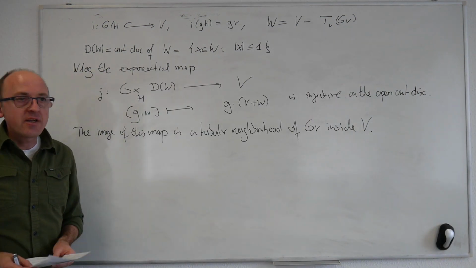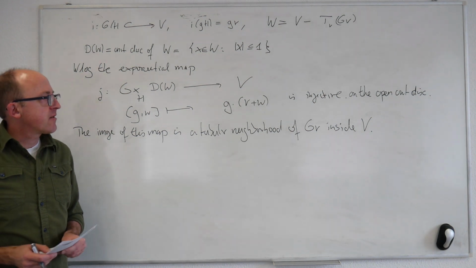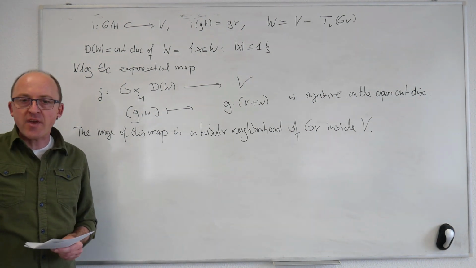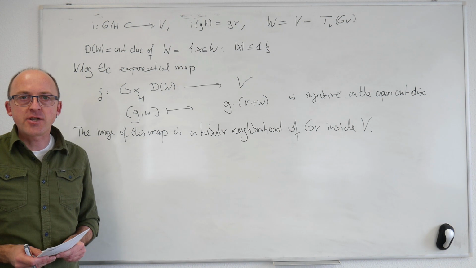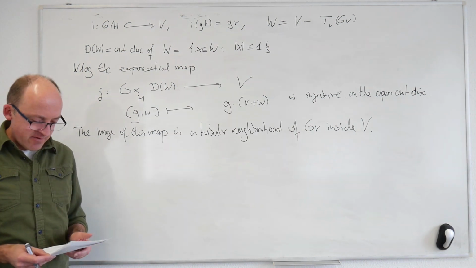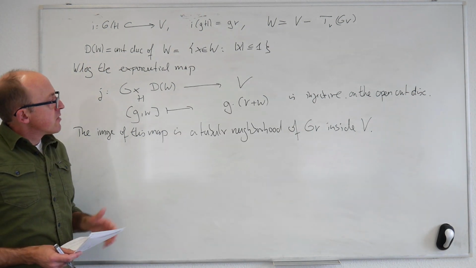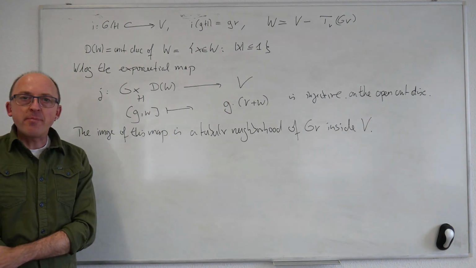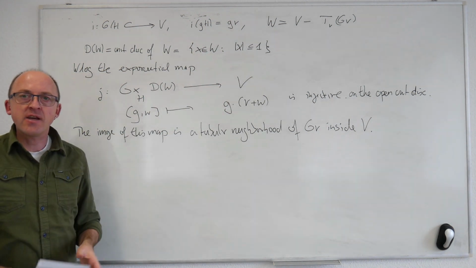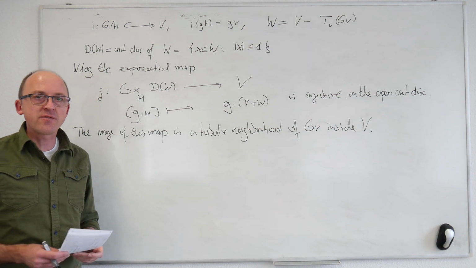Such invariant tubular neighborhoods are always guaranteed to exist for smooth equivariant submanifolds by general principles, but here we can get one very explicitly. On the open unit disk we have an open embedding, and such an open embedding then has a map in the other direction that's called the collapse map.